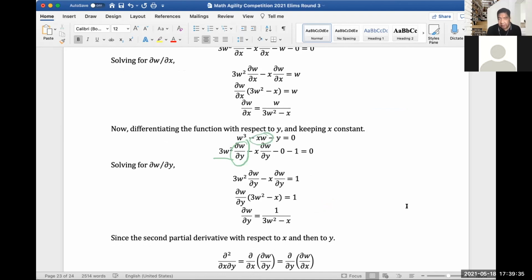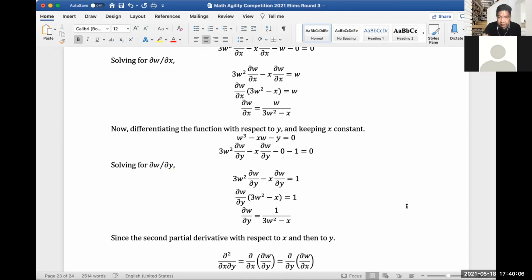This time x is constant, so the partial derivative of x with respect to y would be 0. And then the negative y would be negative 1, because partial of y over partial of y is 1, and it's equal to 0. So let's solve for partial of w with respect to y, and we will get 1 over 3w squared minus x.